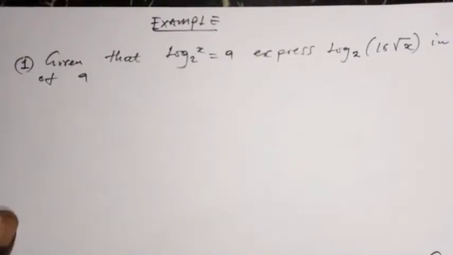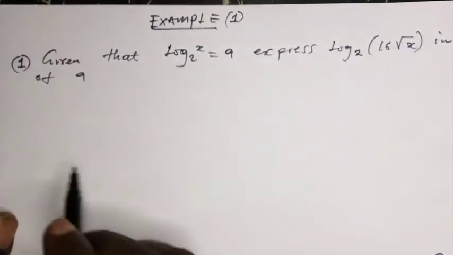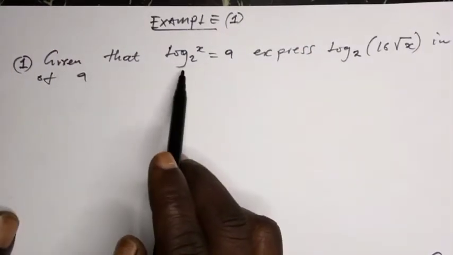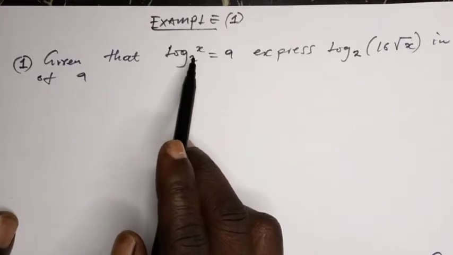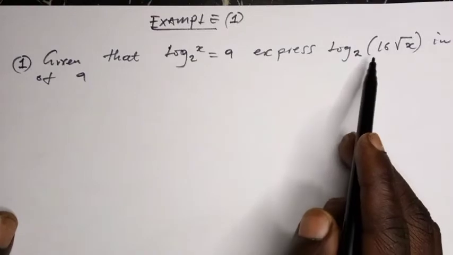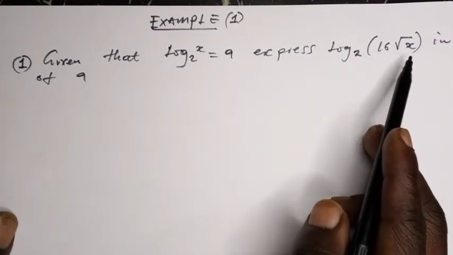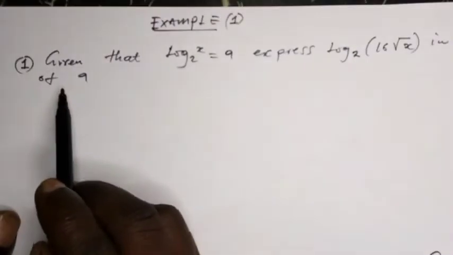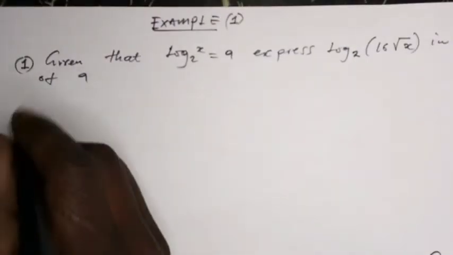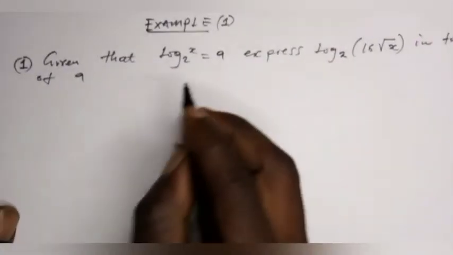So now let's try to work out example 1. You are given a question: given that log base 2 of x is equal to a, express log base 2 of 16 square root x in terms of a.